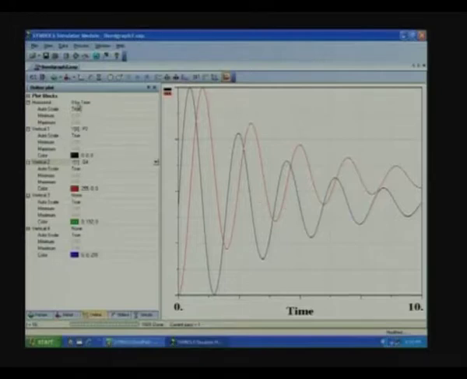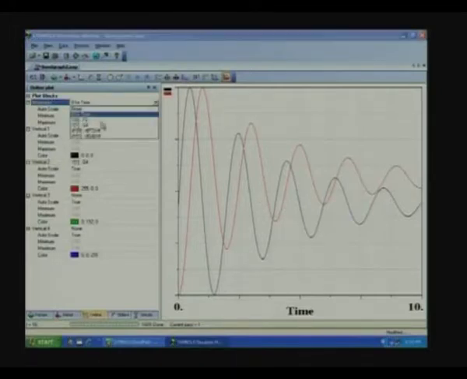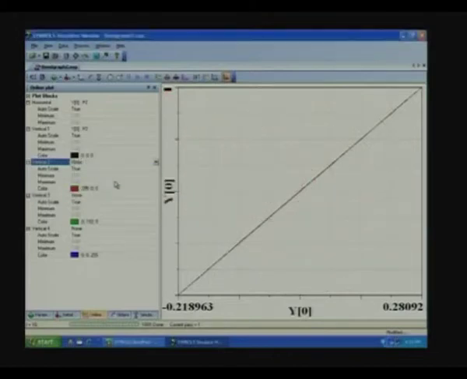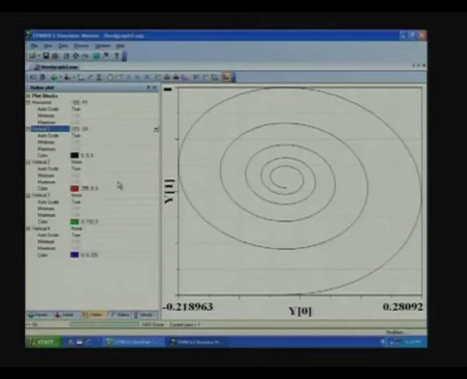Let us check that. So, horizontal will be P2. This one I do not need, so I will set none. Sorry, this one will be Q4. So, the behavior is a decaying spiral, starts from here and goes on.